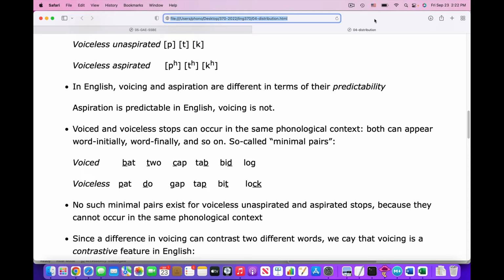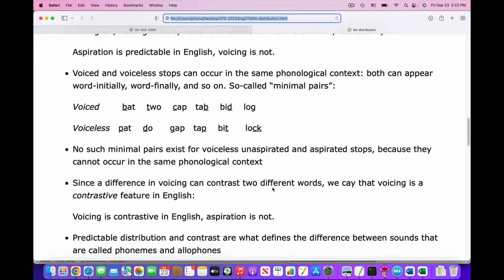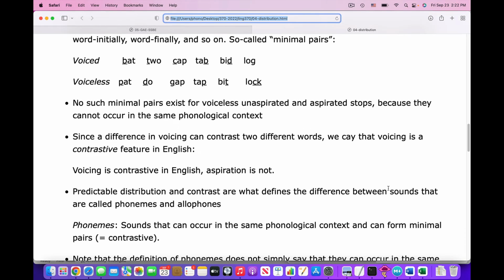The converse of predictability is contrastiveness. So since the difference in voicing can contrast 2 different words, we can say that voicing is a contrastive feature in English. Voicing is contrastive in English, aspiration is not. So predictable distribution and contrast are what defines the difference between sounds that are called phonemes and allophones.